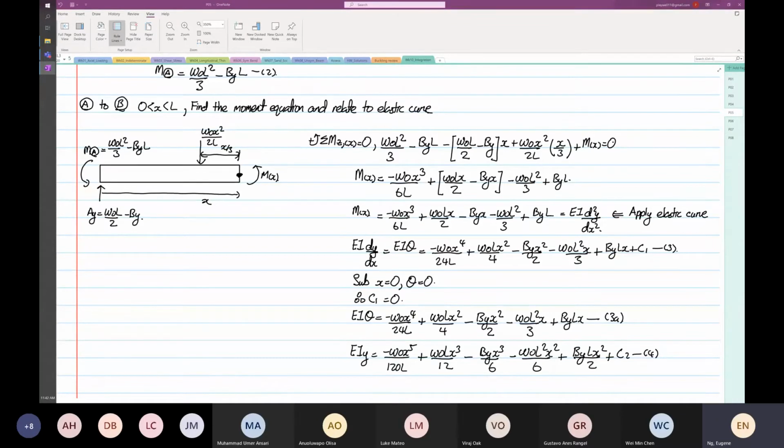From equation number 4, I'm going to use the next page. I ran out of page. You guys are still copying? I'll wait a minute for you to catch up.